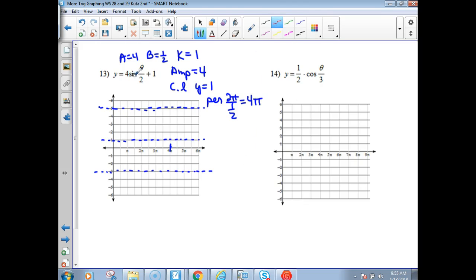It's the sine, so it starts at its center line. And the period is 4 pi, so I'm going to have a mark at pi at the max. At 2 pi, back to the center line. At 3 pi, it'll be at the minimum, and then back to the center line at 4 pi.